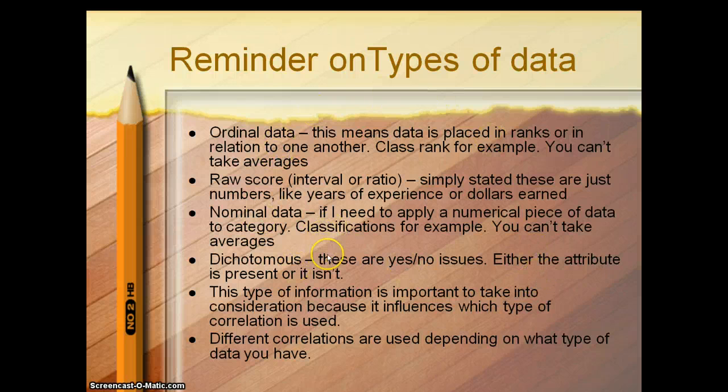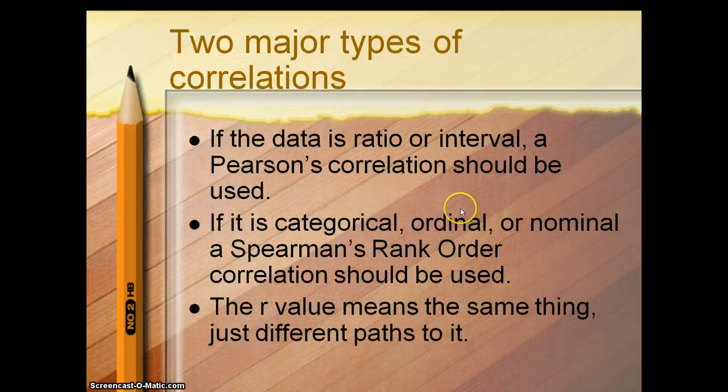This type of information influences which type of correlation we pick. If both pieces of data are ratio or interval, then you use something called a Pearson's correlation. If one or both of the pieces of data is categorical, ordinal, or nominal, the other test is called a Spearman's rank order.